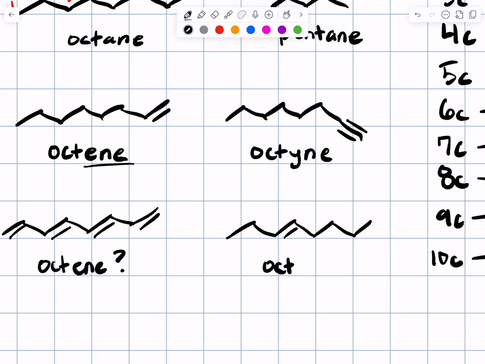It is still an octene, but where's that double bond? If I want to purchase this molecule, I care about the location of that double bond. But as for just the class of molecule, as for the main chain, I can say that the main chain is an octene, an octine, a pentene, a butene, a butyne, whatever.